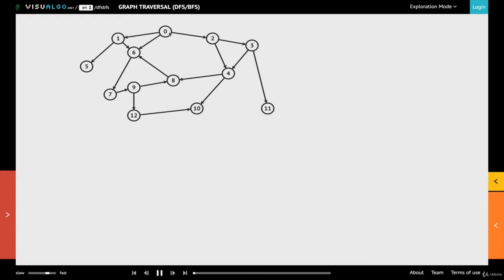But in depth first, we're going to go 0 to 1 to 5, and then come back to 1 and go to 6. And then from 6, we visit its neighbors, like 7, and then 9, and so on. Rather than a breadth first, where we're going to visit 0, 1, 2, 6, all of 0's neighbors first before we visit 1's neighbors and 2's neighbors, and so on.